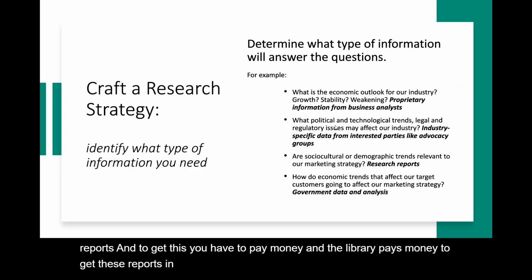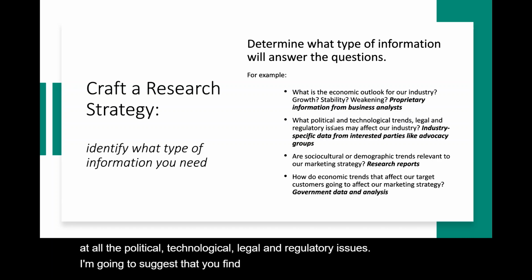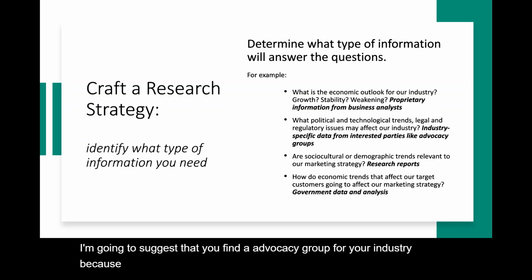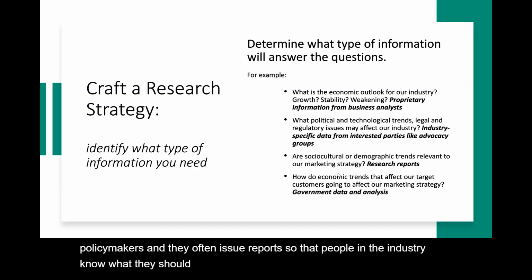If we're looking at the political, technological, legal, and regulatory issues, I'm going to suggest that you find an advocacy group for your industry, because often these groups are advocating for your industry to policymakers, and they often issue reports so that people in the industry know what they should be on the lookout for.